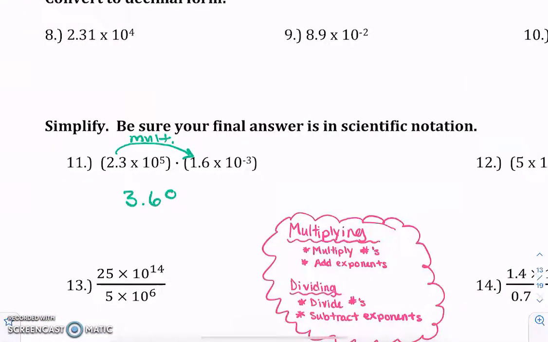So that's the decimal part. And then it's still going to be in scientific notation. So we still need that times 10 to some power. So then you add the exponents. So 5 plus -3.